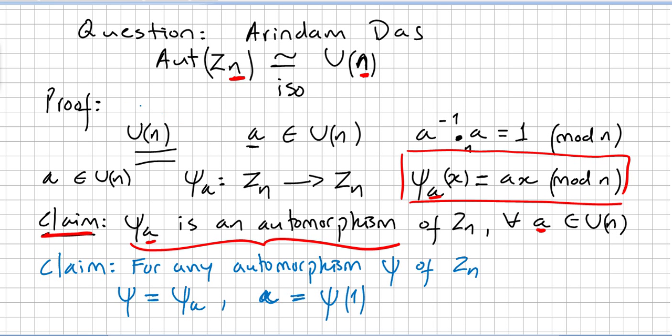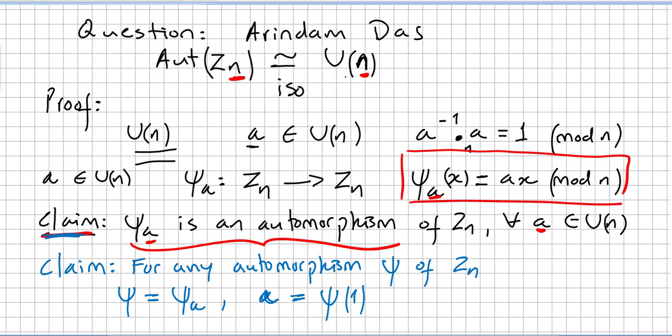So my first claim was that psi of a is an automorphism of Zn for all elements in the group of units. And I proved this claim.